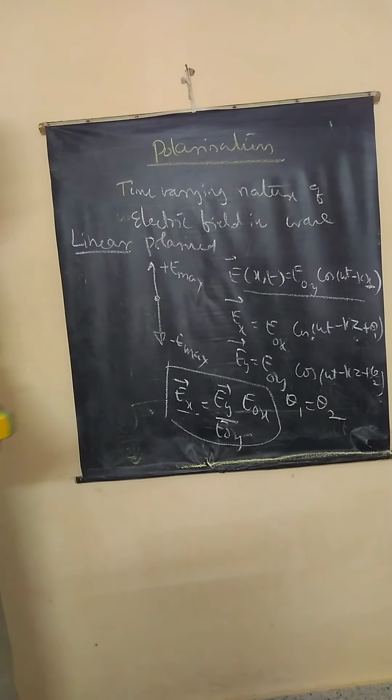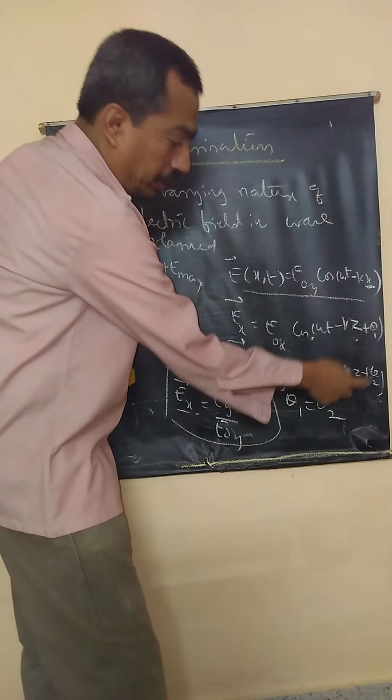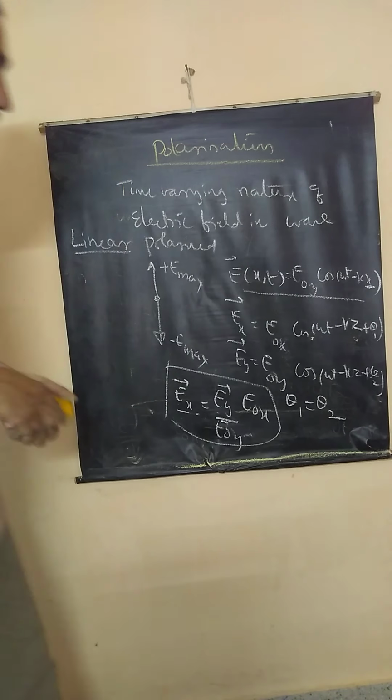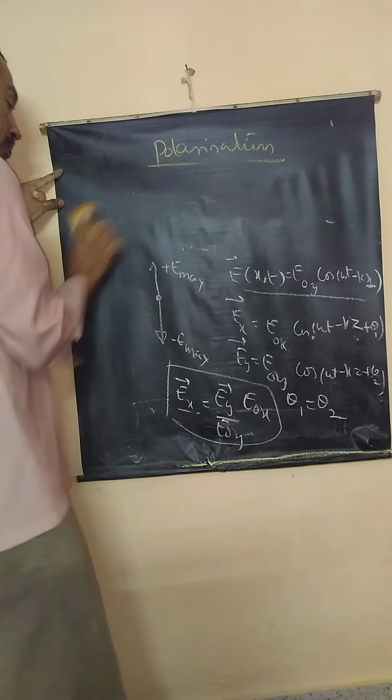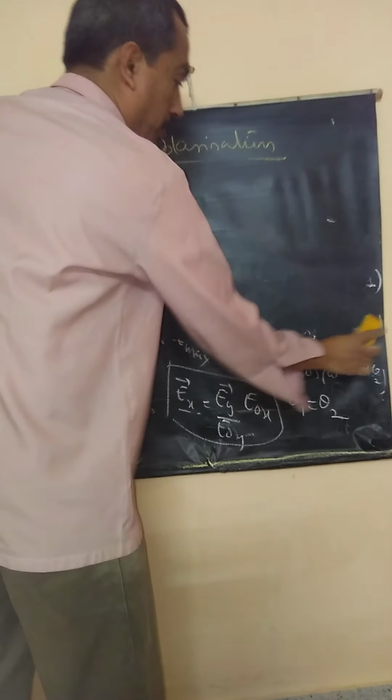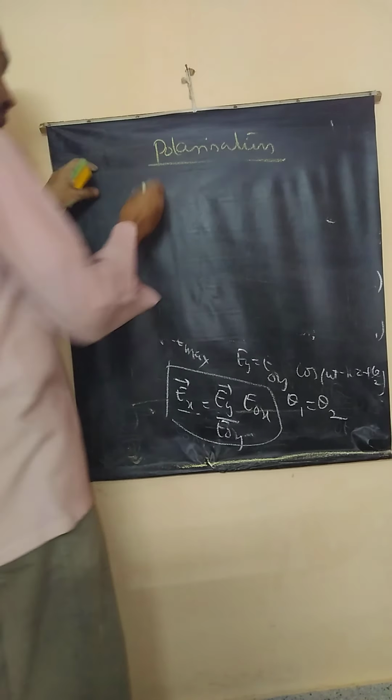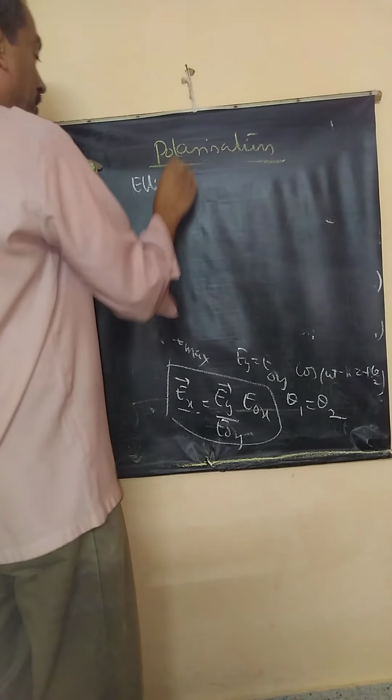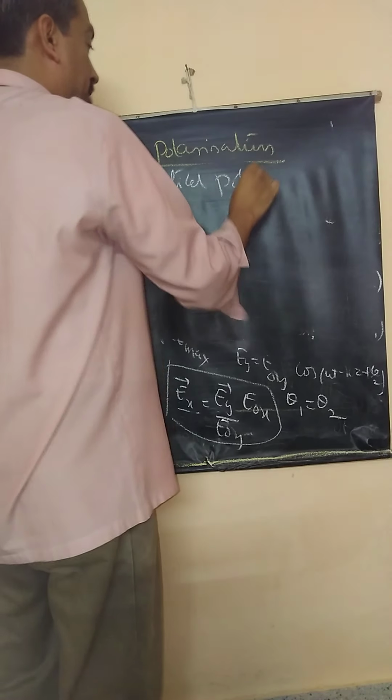Okay? Now, we'll take elliptically polarized. See here, theta and theta are same, so they will cancel when you take the ratio. Now, I will take the elliptically polarized wave. What is the change there? Elliptical polarization.